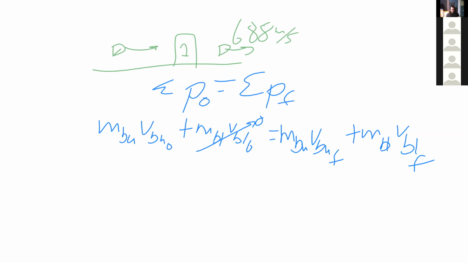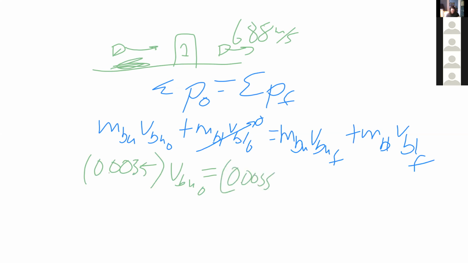We can go ahead and plug in our mass for the bullet, which we know is 0.0035. We don't know the incoming speed, that's actually what we're looking for, so leave that as V bullet initial. We set this equal to the mass of the bullet again, 0.0035, times the velocity of the bullet final.